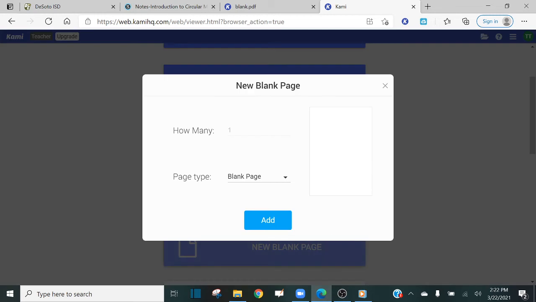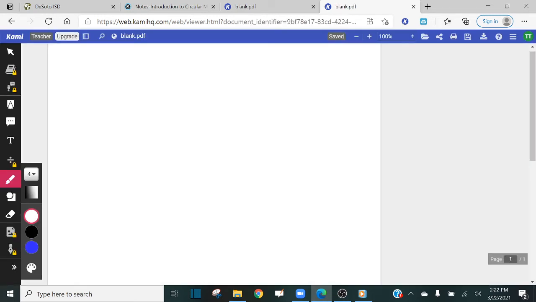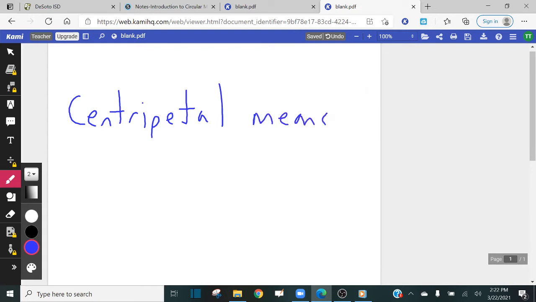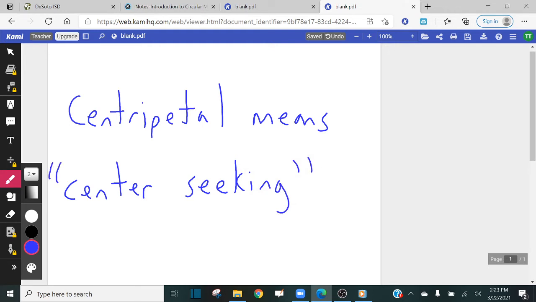Guys, anytime you see that term centripetal, guess what centripetal means? Centripetal literally means center seeking. Centripetal means center seeking.